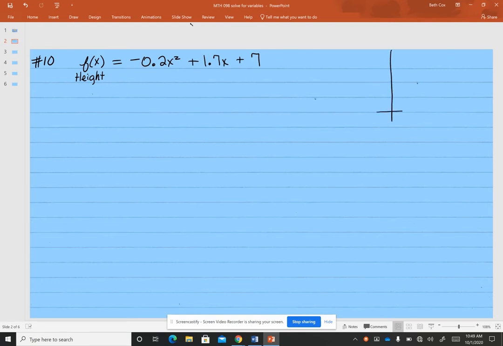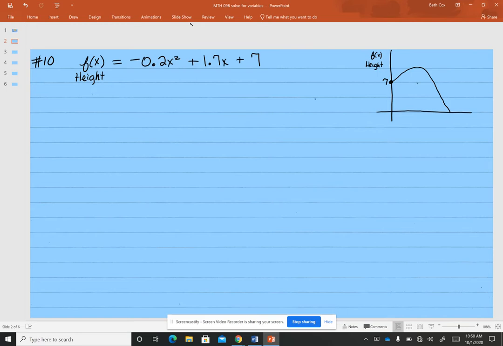A ball is thrown from a height of 7 feet. So I'm going to start here, and I'm going to throw a ball upward and outward, and it's going to look like that. That's the path of the ball. This is my f of x, this is my height, and of course it started at 7 feet. So that is where the 7 is.